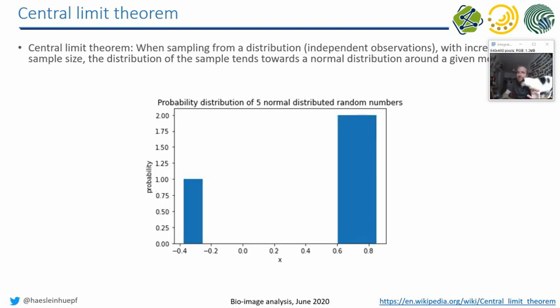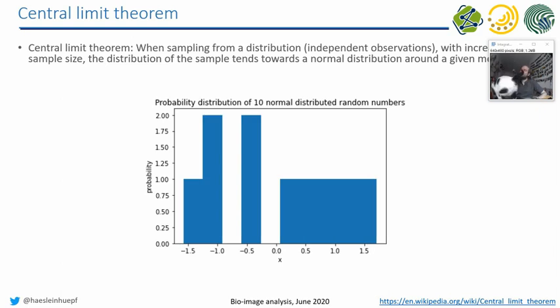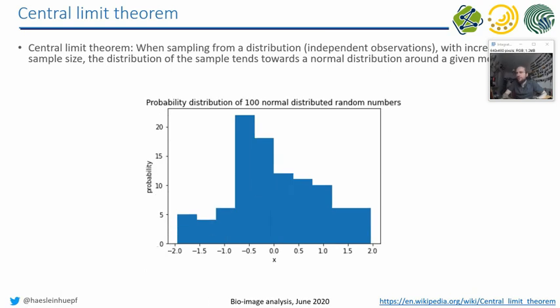I continue sampling, and now I have 5 samples, and I still look at the histogram. We have sampled from a normal distribution, but it does not look like a normal distribution yet, right? Because we don't have enough samples yet. But the more samples I get, at some point it starts looking like a normal distribution. Maybe not at 10, but maybe at 50 or 100.